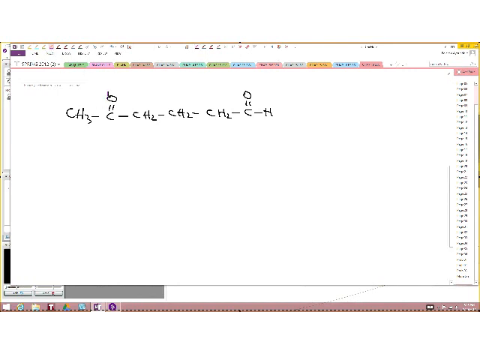To name the carbonyl of a ketone as a substituent, you use the word oxo. So this becomes an oxo group. So therefore, what will be the name of this molecule?